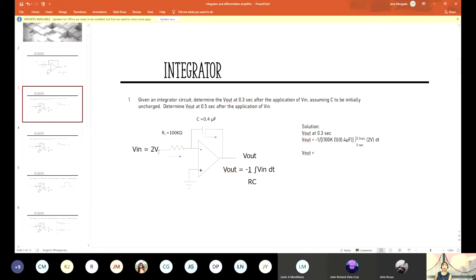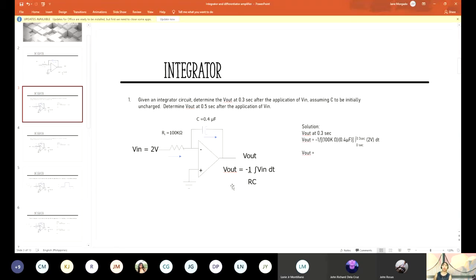This time let's have an example given the DC. Given an integrator circuit, determine the V out at 0.3 seconds after the application of V in, assuming the capacitor to be initially uncharged.